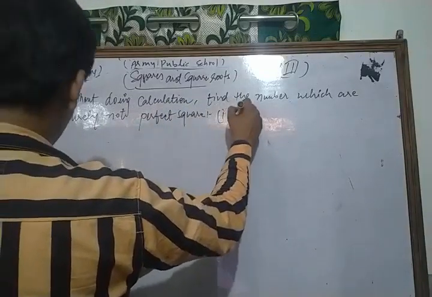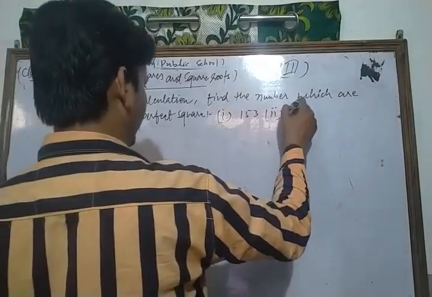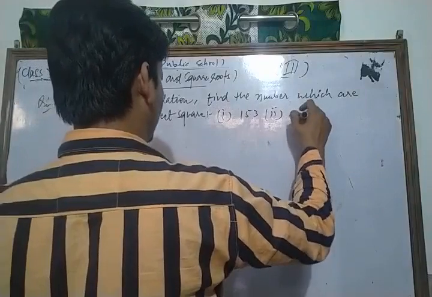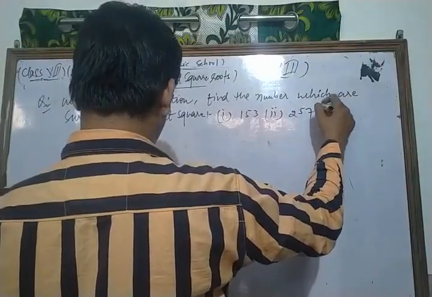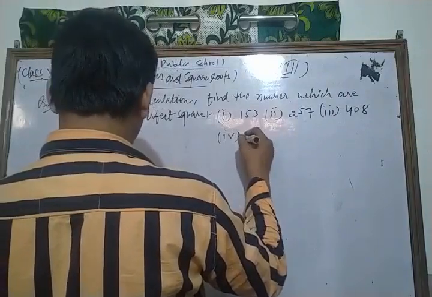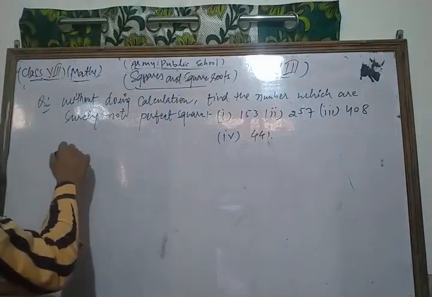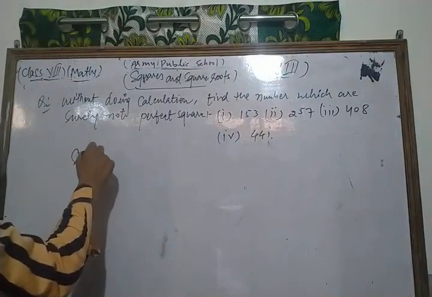And your numbers are 153, second one 257, third one 408, and fourth one is 441. Now let's see its solution.